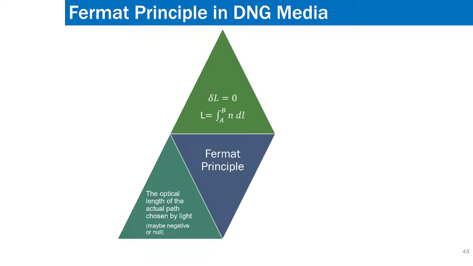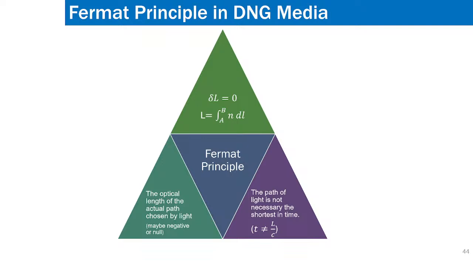Remember, it is the optical length which can be 0 or negative, but not the physical length. This part people neglect, that the optical length can be negative or 0 or null. That is what happens in case of DNG material or negative index material. It is negative or null. Therefore, the Fermat principle is not violated.